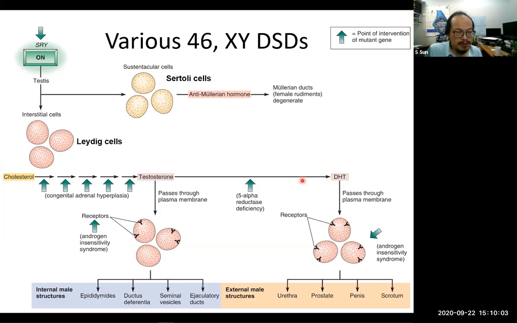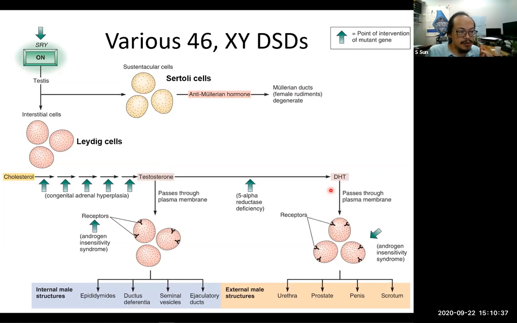This conversion requires an enzyme called 5-alpha reductase. 5-alpha reductase may be deficient. If it's deficient, then the patient will be able to develop something internal, but not external. So it may still generate sperm, and with the testosterone, will be able to build the body, like hair, like muscle, look like a man.